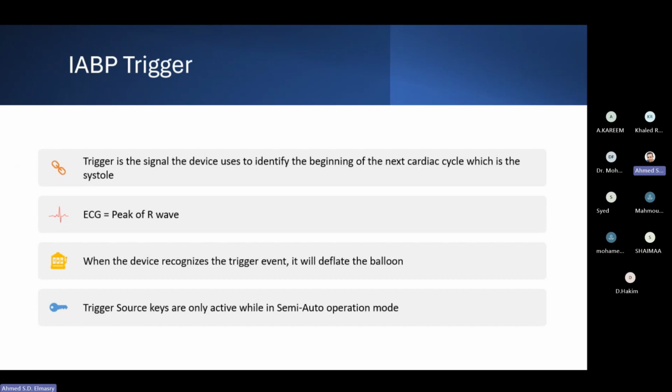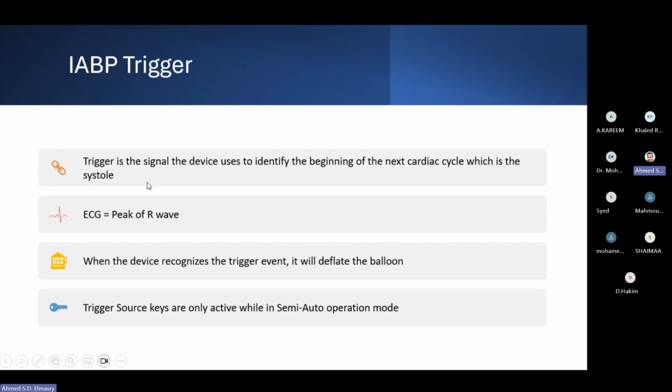If the machine knows the start of the systole and the start of the diastole, the machine will start the deflation and the inflation of the balloon. So if the machine is able to know the time for the diastole, it will start the balloon inflation. And if the machine is able to know the start of the systolic cycle, the machine will give the order to the balloon to start the deflation. Simply, this is the trigger.